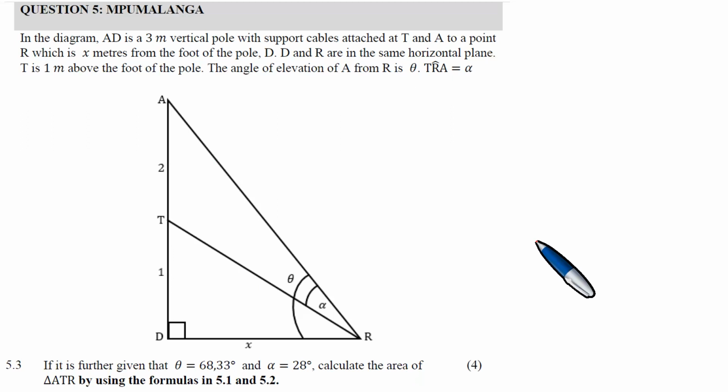So when they say we should use the formulas in 5.1 and 5.2, does that mean we're going to have 2 separate calculations? Okay, that's a good question. Does it mean you're gonna have 2 separate calculations? Yes, you'll have at least 2 separate calculations. I can move back the screen to those formulas that we obtained there.